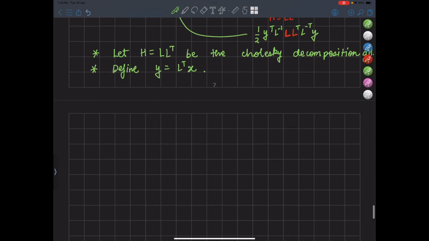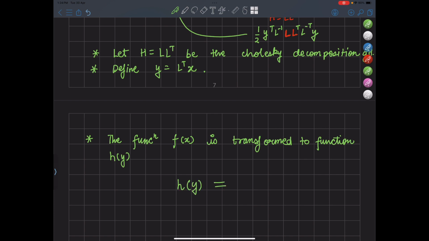Now the function f(x) is transformed to the function h(y), defined as f of L inverse transpose y. All right, so this is the new function h(y).